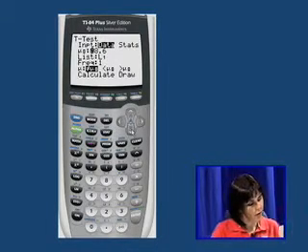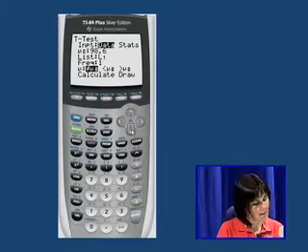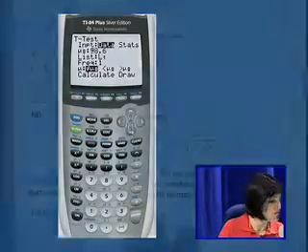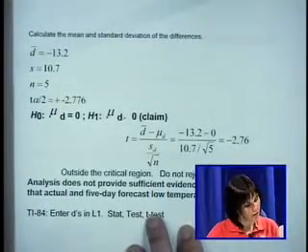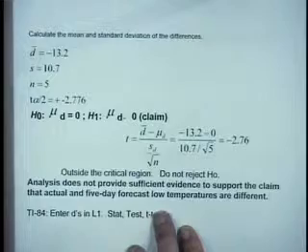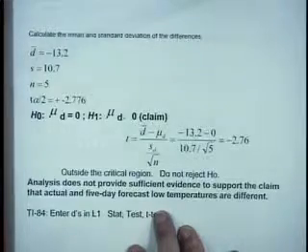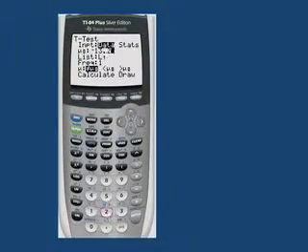I have to enter the mean value, which happens to be negative 13.2, and I have to tell it where I'm doing that. That has to be done in L3. Let's go get that one.